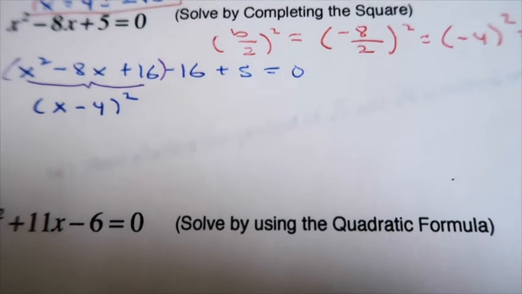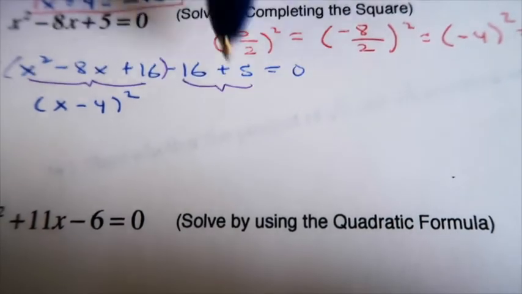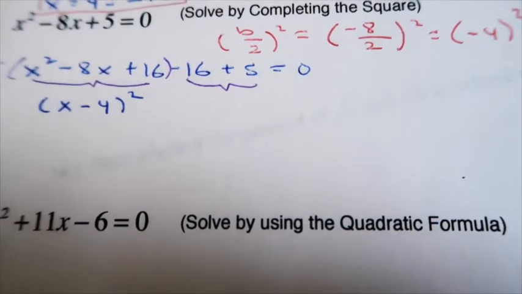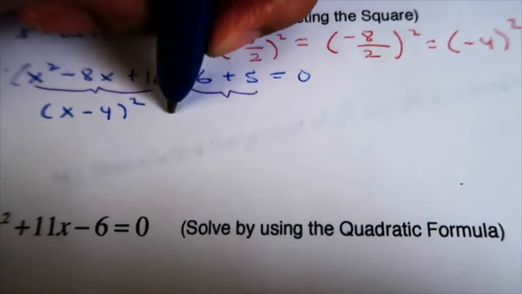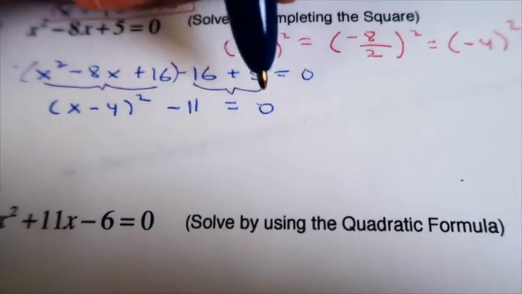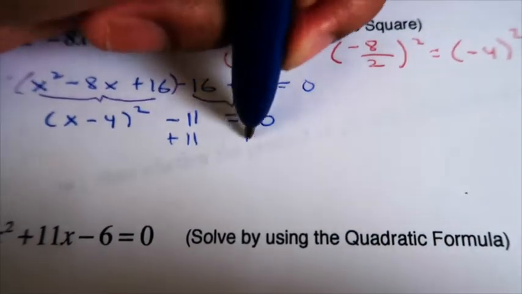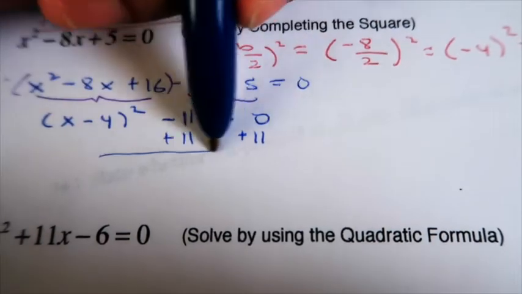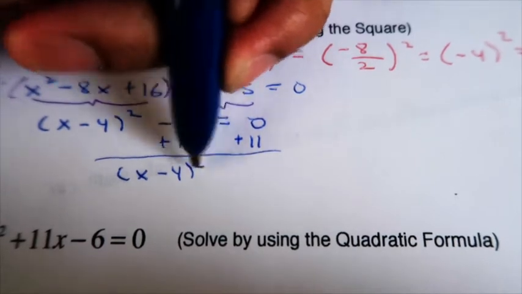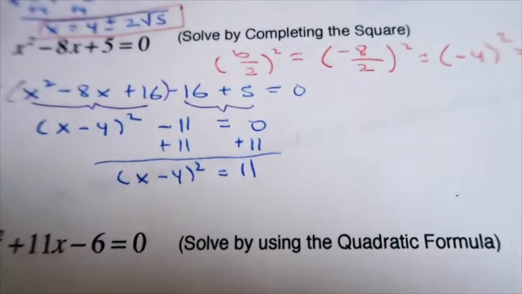And then here we have −16 + 5, which would be negative 11, equals 0. Now we're going to bring the 11 to the other side, plus 11. Draw your equal sign. We're left with (x − 4)² = 11.